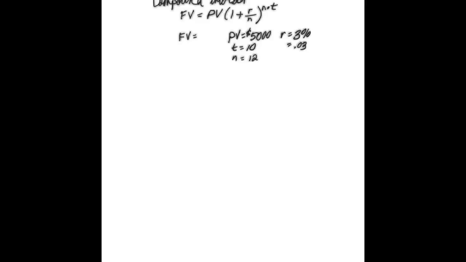So we have the future value is equal to 5,000 times 1 plus 0.03 divided by 12, and do not work this part by itself, just do it all together, raised to the 12 times 10 power. Now if you have a box on your calculator, then you do not have to use parentheses. If you do not have the box, then you will need to use parentheses.